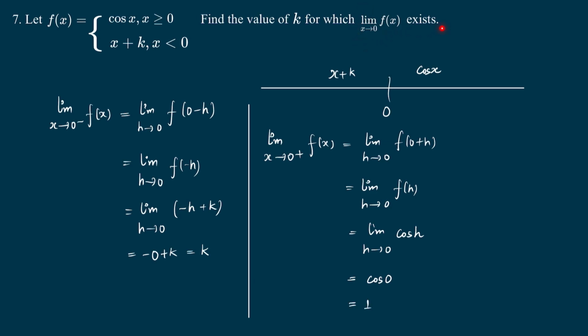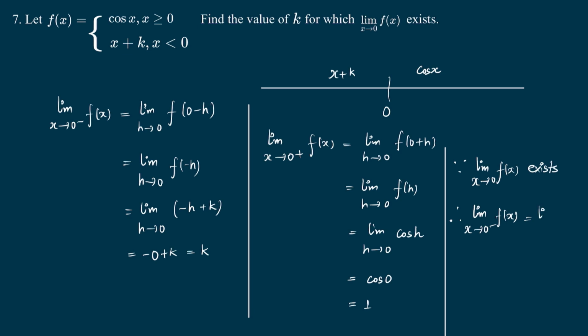In order for the limit to exist, we know that the left hand limit and right hand limit should be equal. Only at that time will the limit exist, and the question is saying that the limit exists, so find the value of k. So here we will write, since limit x tends to 0 f of x exists, then the left hand limit will be equal to the right hand limit.